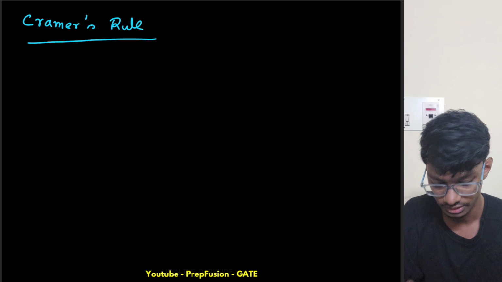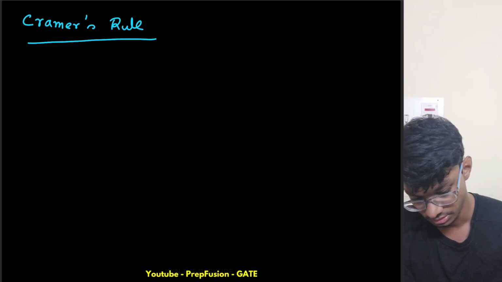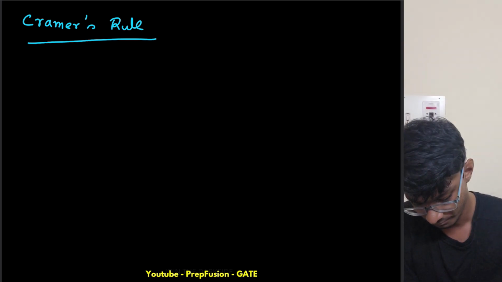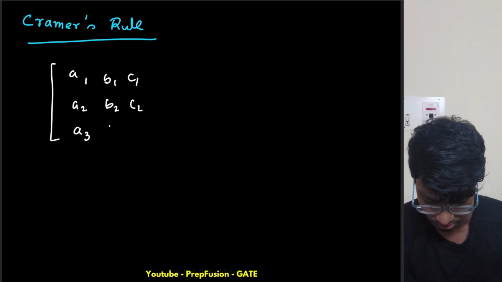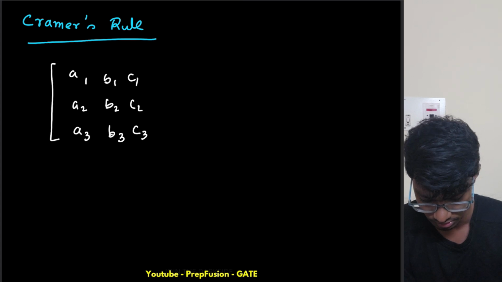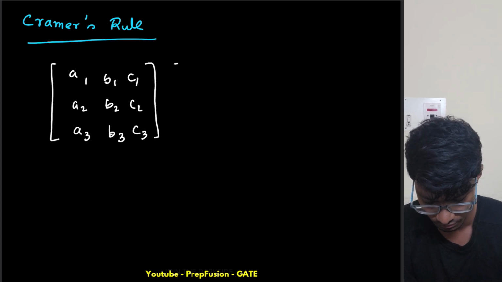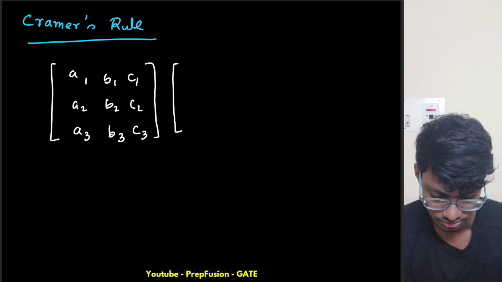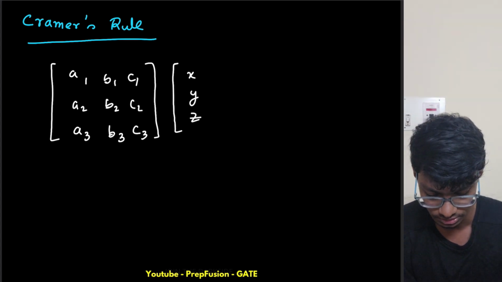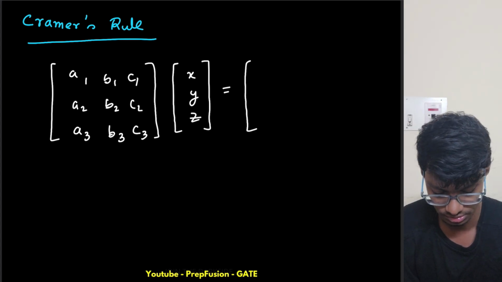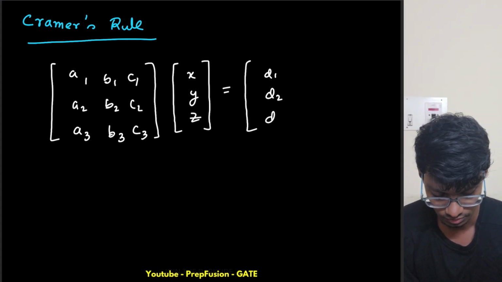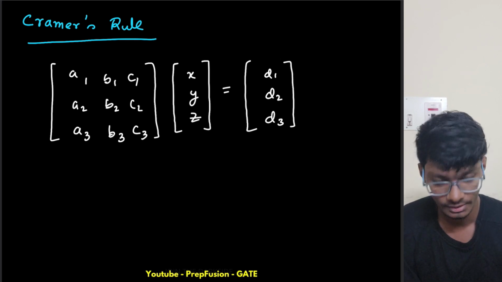For using Cramer's rule, let's say I have a 3x3 matrix with entries A1, B1, C1, A2, B2, C2, A3, B3, C3, multiplied by X, Y, Z, equal to D1, D2, and D3.